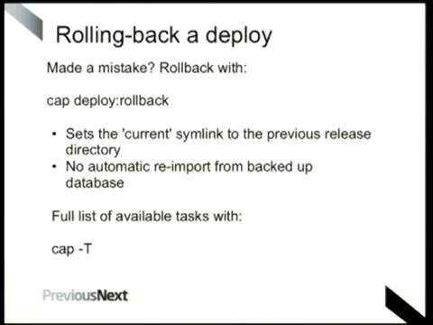You'll need to log in and do that manually. That's probably a good idea, I don't like the idea that if I do a rollback, it's automatically going to re-import the backup database. So it's just an extra step you'll need. You can get a full list of Capistrano commands from the command line just by typing cap -t.